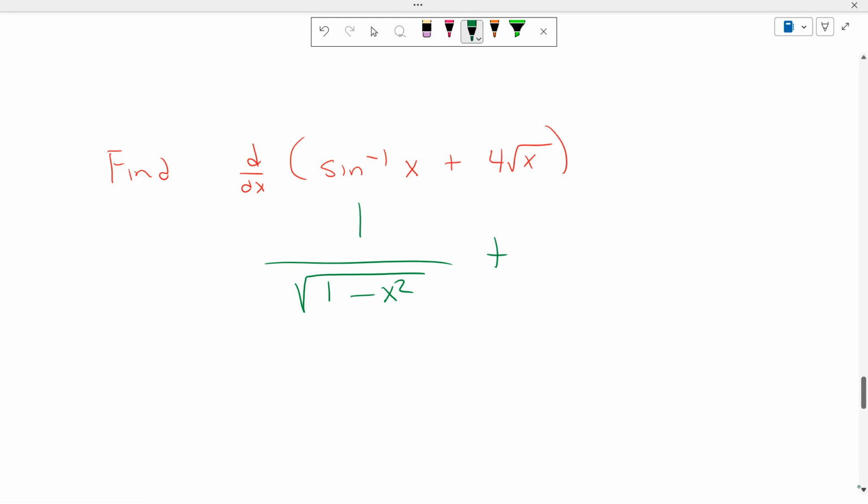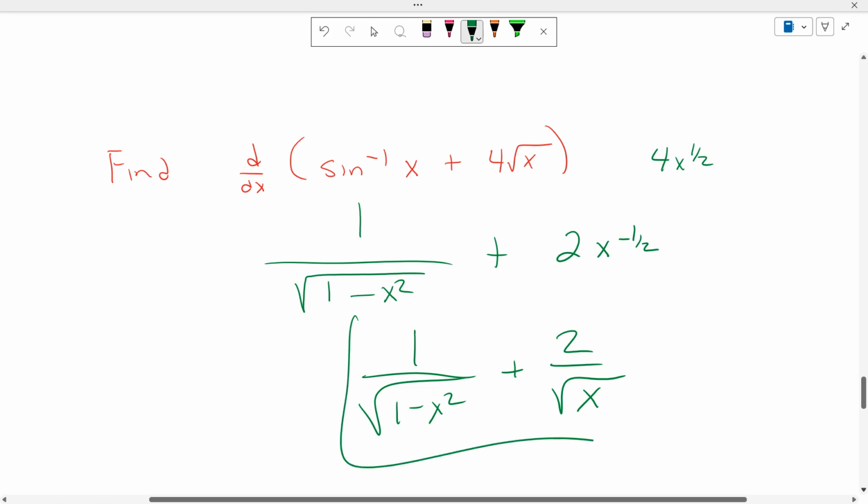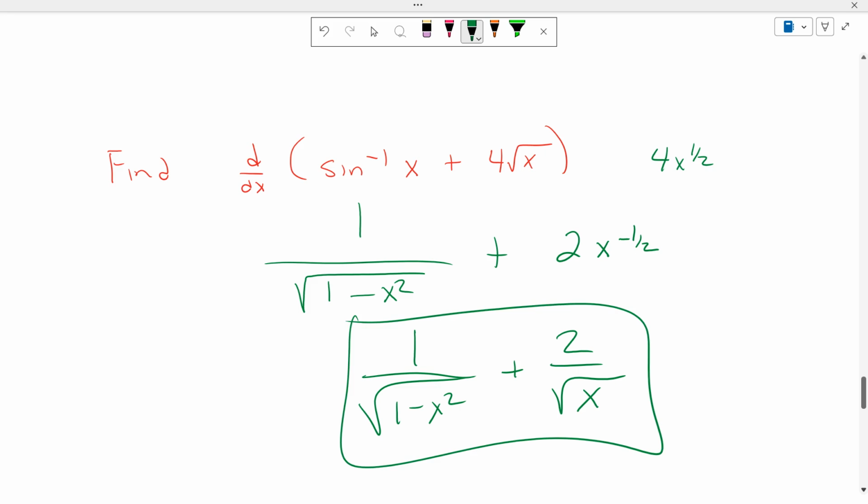And then this, 4x to the 1/2 power, so half of 4 is 2x to the negative 1/2, which is the same as the square root of x. If we leave it like that, it's just fine. It's multiple choice, so I think they leave it like that, in other words.